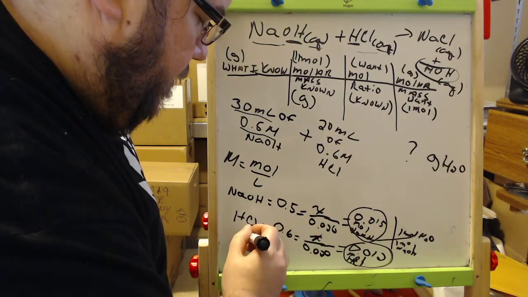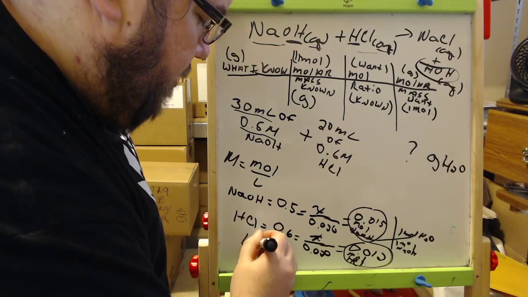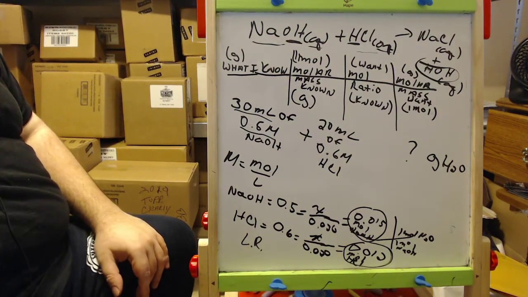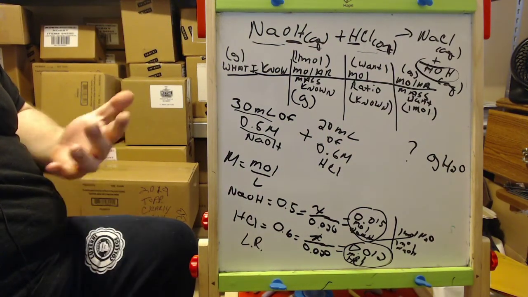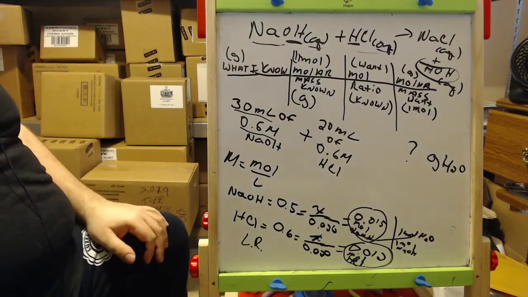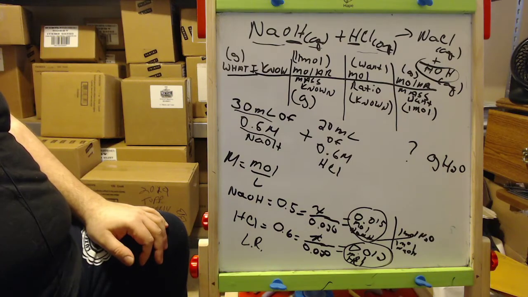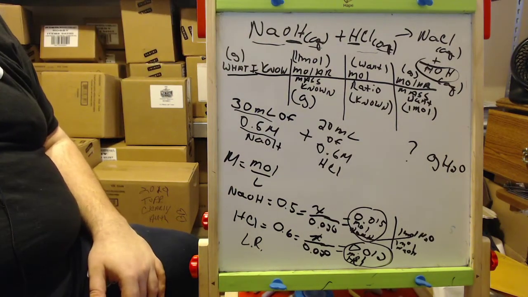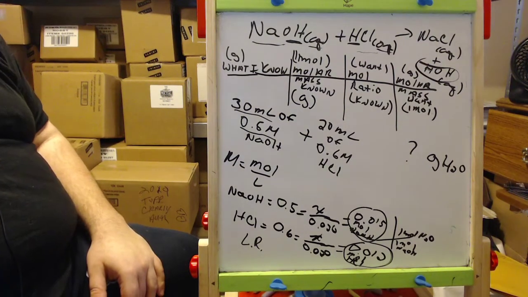So this is our limiting reagent, and we would use that to find the mass of our water. But the reality of the situation is we really don't ever use this to find the mass of the water or the mass of the salt or anything like that.